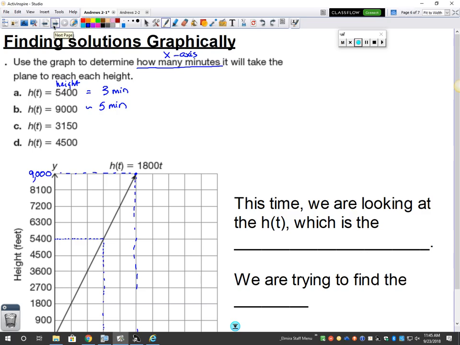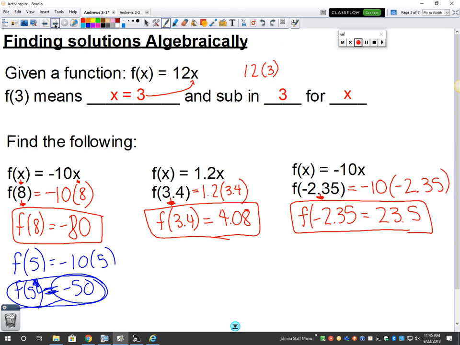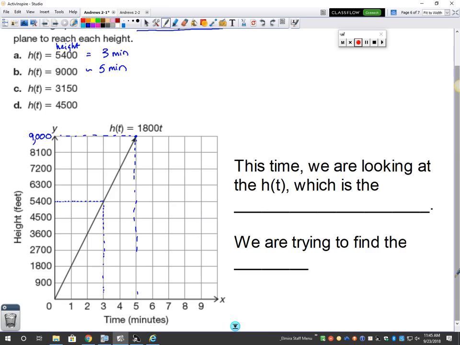Okay, here's what I'm talking about with having to estimate. 3,150 is not, for sure, one of our values in our chart. So 3,150 is somewhere maybe about halfway between 2,700 and 3,600.